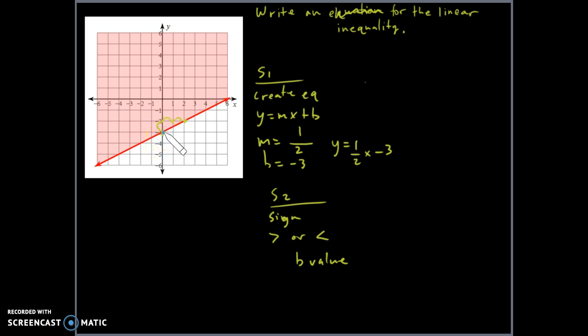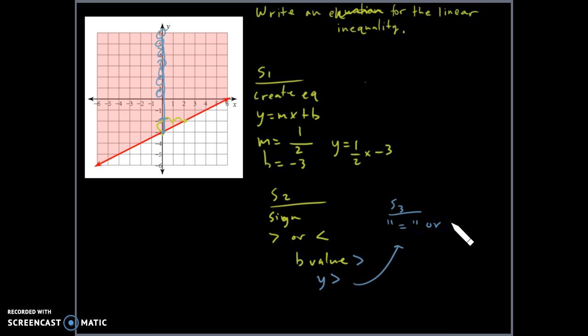Is the graph shaded above or below? Well, it's clearly shaded above, and these y values are greater than our y-intercept or our b value. So the b value is greater than, so that is the same thing as y is greater than.